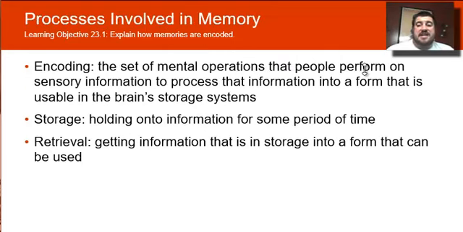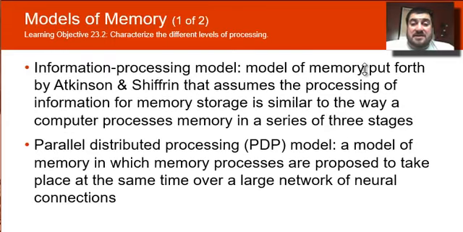So again, encoding is what people perform on the sensory information that comes in through sensory memory to process that information into a form that is usable in the brain's storage systems. Storage is holding on to that information for some period of time, and then retrieval is getting that information out and into a form in which it can be used.